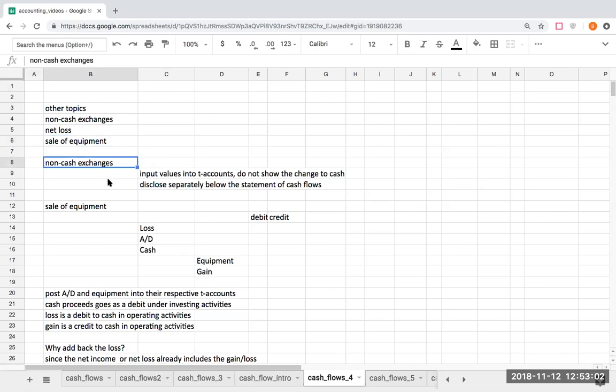A non-cash exchange is when a company is, say, trading, receiving equipment, giving out stock, receiving a patent, giving out a bond. Those are important transactions, but they do not involve cash. So we need to put those transactions into the T accounts and then disclose below what's going on, below on the statement of cash flows.